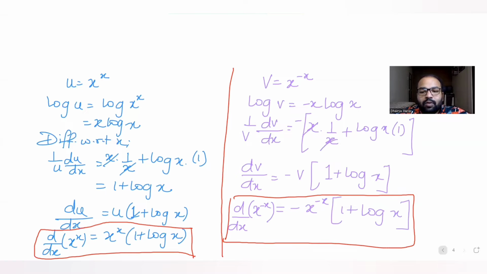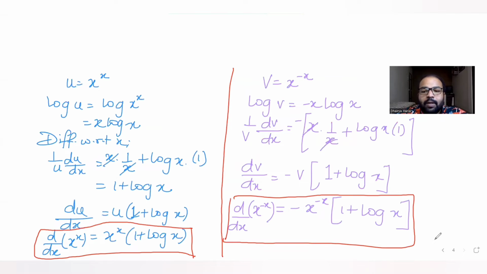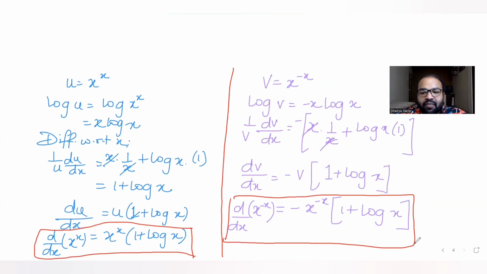Now for the f'(x) which we found out, if I substitute the derivatives of x^x and x^(-x) which we have received already, we get f'(x) in terms of the entire derivative of f(x).